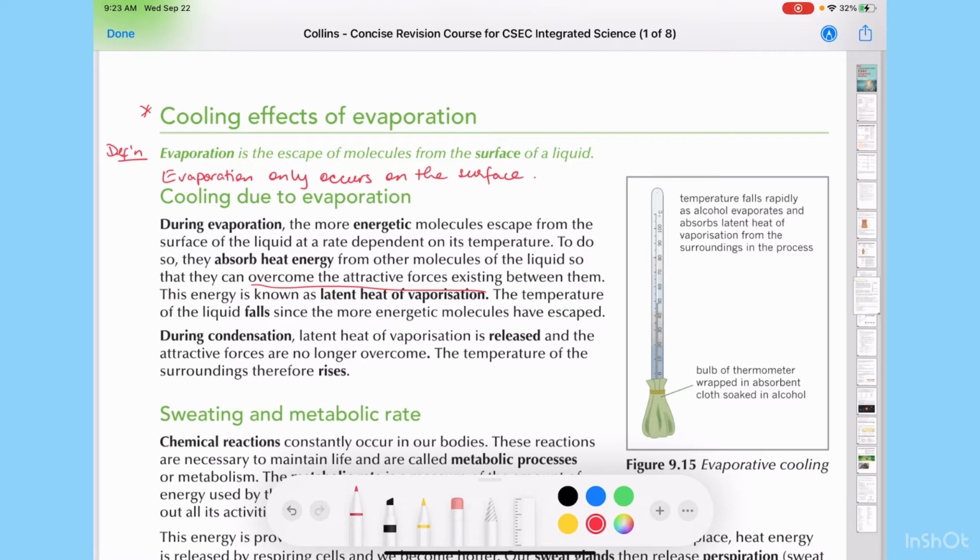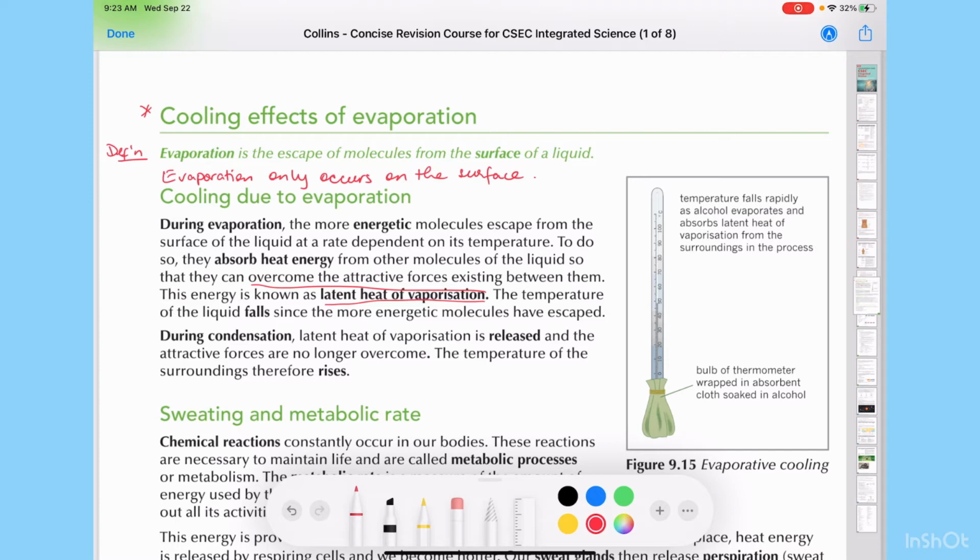This energy is known as the latent heat of vaporization. Once the particles leave, they have already taken that amount of energy from neighboring molecules, so the temperature of the entire body will decrease.